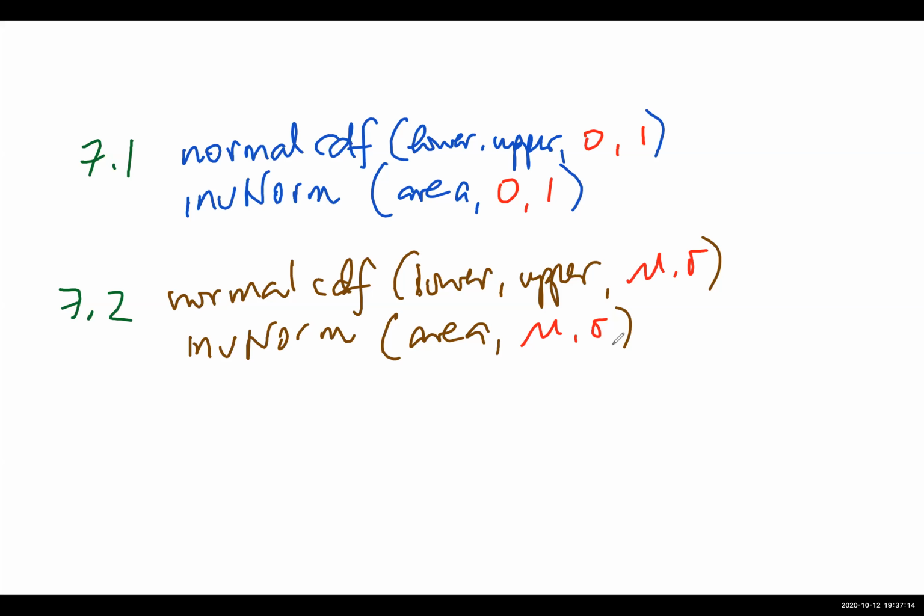Then 7.3 and 7.4, this time you use the central limit theorem, CLT, and you're also going to use normal CDF. So I told you, that's why this is one of my favorite chapters. You just have to use normal CDF and inverse norm.